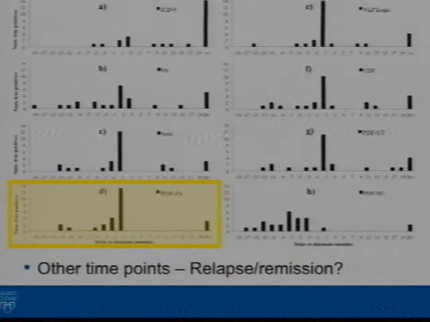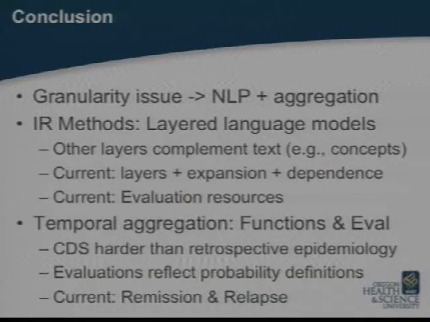So in conclusion, today what we've looked at is this granularity issue with looking at clinical text. You've got to get down into the fine-grained stuff with NLP, but you've also got to aggregate to the large level with, maybe this temporal kind of aggregation, also other kinds of aggregation in the information retrieval framework. Within information retrieval methods, we looked at layered language models and saw that some layers, like concepts, can improve performance.